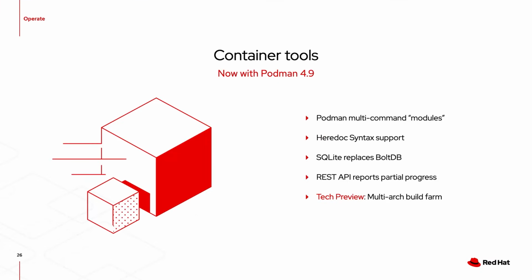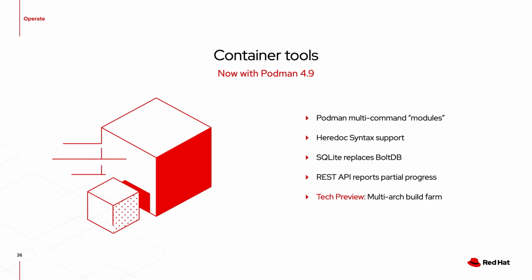I hinted at the top of this presentation about Podman 4.9. So if you are a heavy Podman user and you're trying to remember podman-command or podman space command, Podman 4.9 restructured the Podman utility and suite of tools into a single command. Now you can use Podman with multi-command modules.